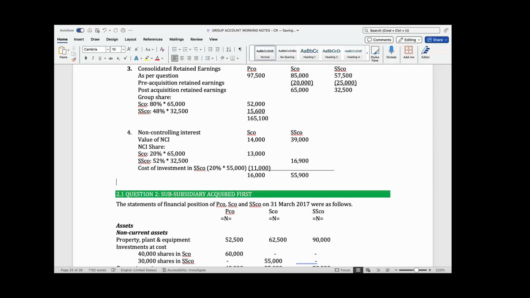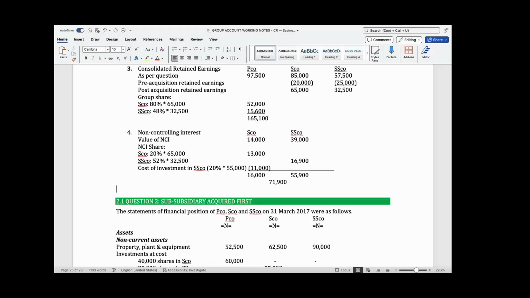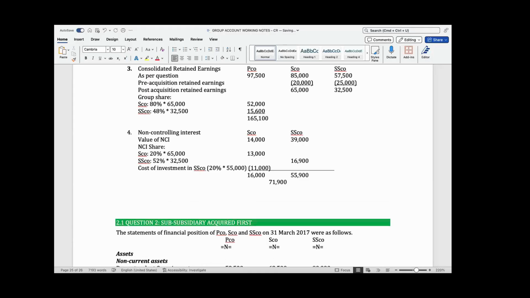So what's the global value of NCI now? Because we have a single value for NCI. 71,900. Okay, now let's consolidate.